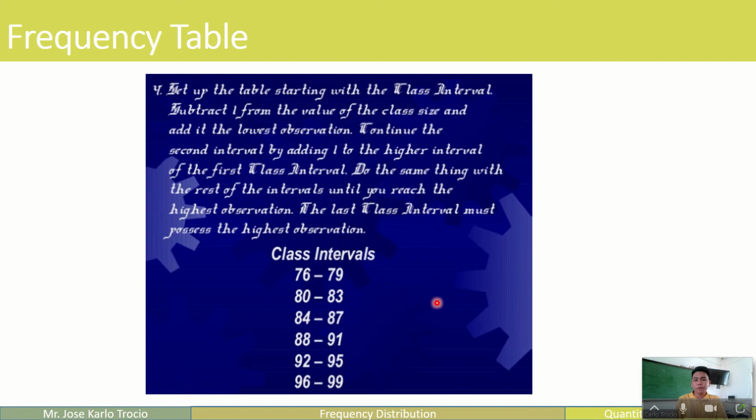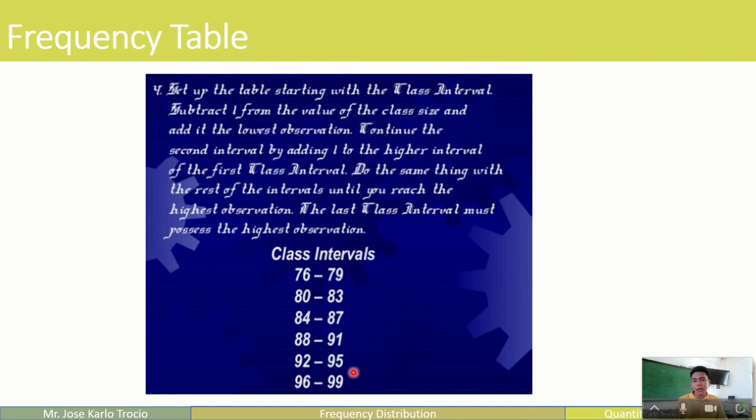Next is another class interval. Take note, this 96 to 99 is what we call a class interval. Another here, 92 to 95, is a class interval, while the class size is the number of values included in this bracket. In this case, we have 4: 99, 98, 97, and 96.